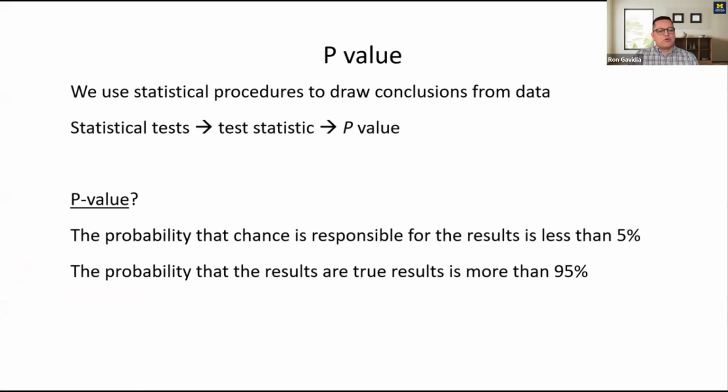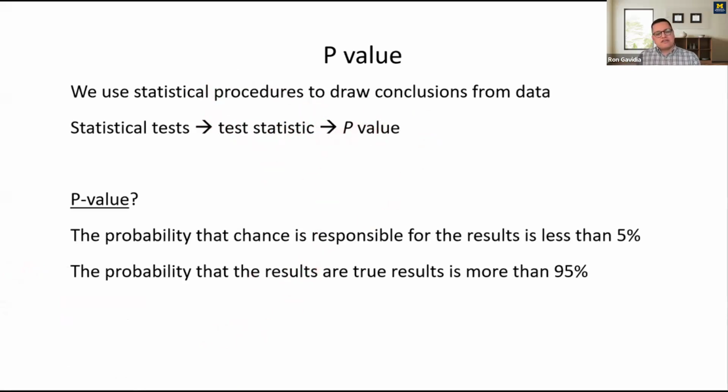For that, we obtain what is called the test statistic. The test statistic is basically just an estimation of differences between, let's say, populations, or in certain aspects, or even hypotheses. But that is typically associated with the p-value.